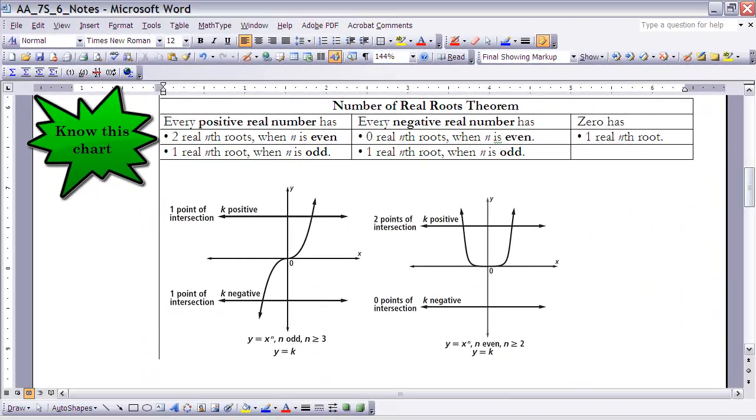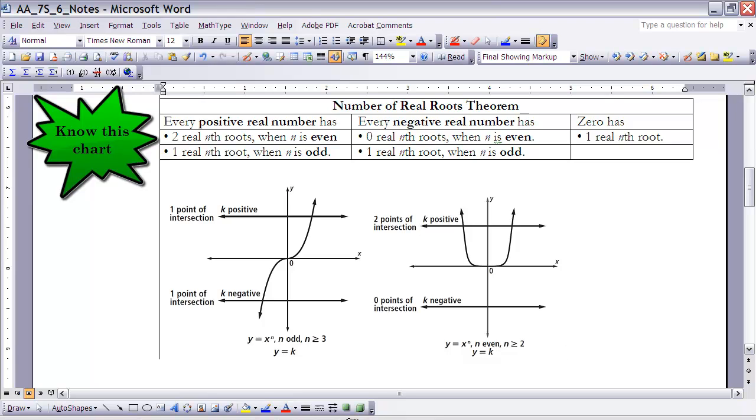The number of real roots theorem says that every positive number has 2 real nth roots when n is even. Here's a graph of an even power function. You'll notice that if we have a positive number, this horizontal line intersects the graph in 2 places, and that's why there are 2 real nth roots when it's a positive number and an even function.